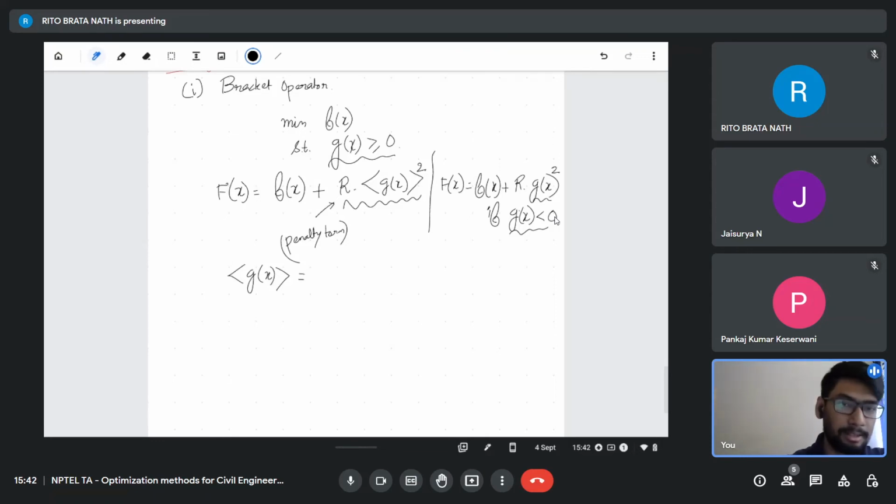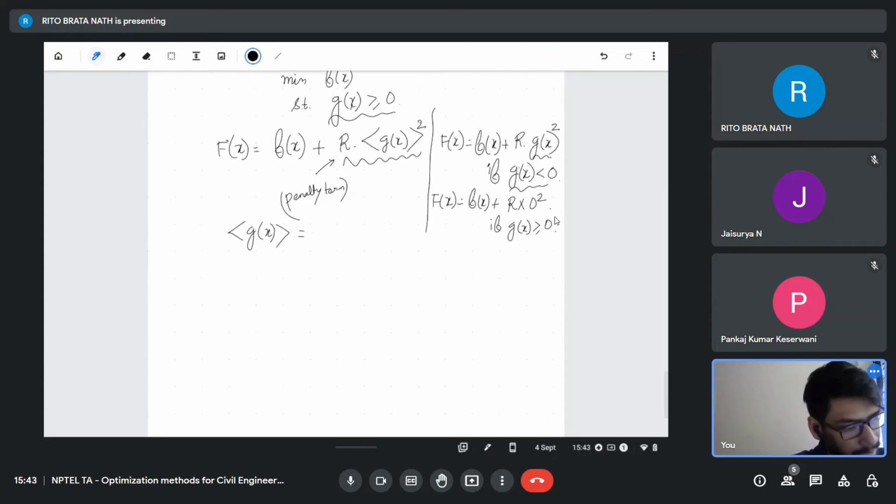In case of a less than type problem, I don't think you need to put a square because the violation will only be positive. Okay, so in case you are satisfying that constraint, you are making it 0, so if gx is greater than or equal to 0. So essentially what I am doing here, you can think of this as min of 0 and gx.